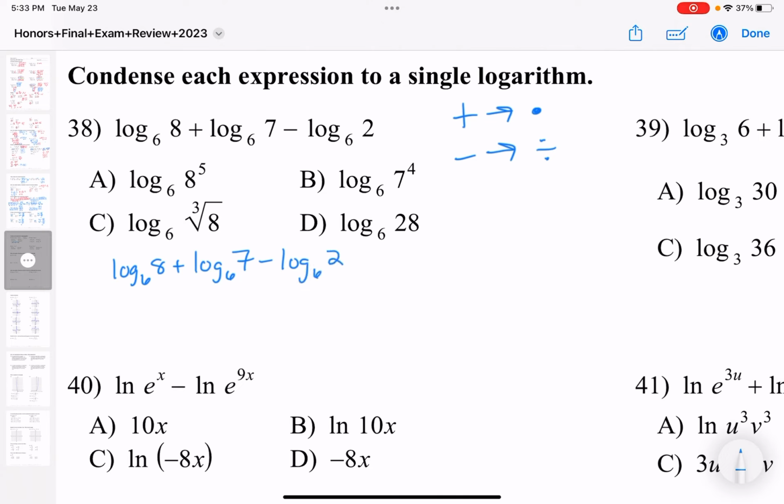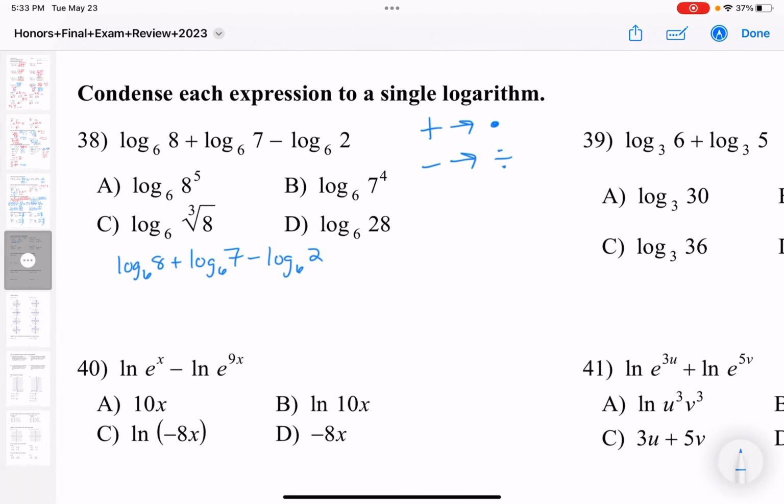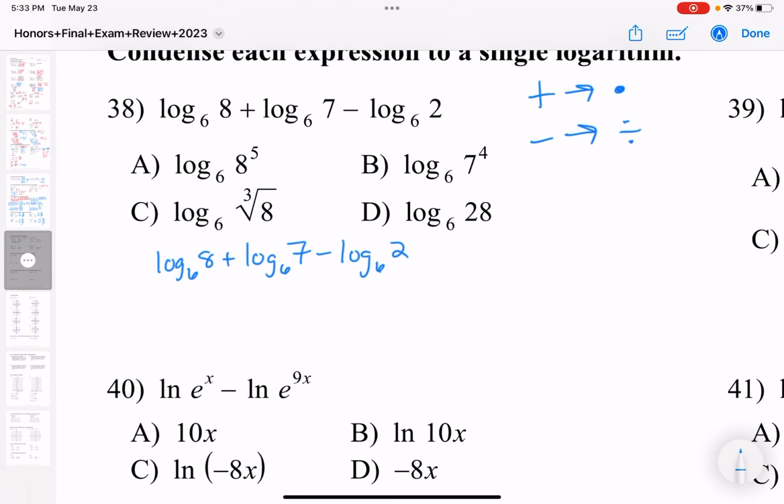First thing I look for is to see if there's any numbers in front of the word log, and there's not here. All right, so if there were any numbers in front, they would become exponents. But it doesn't look like any of these problems have that, so we don't have to worry about that.